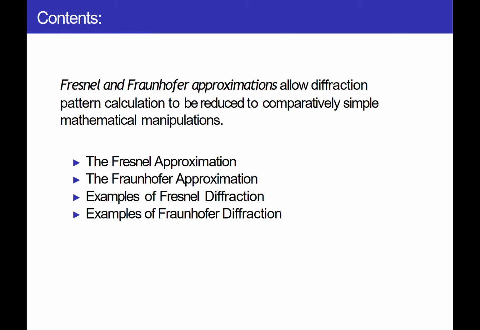The contents are here. The Fresnel and Fraunhofer diffraction allows diffraction pattern calculation. We are going to have a simple Matlab coding, and then we are going to apply that coding to both Fresnel and Fraunhofer approximations.